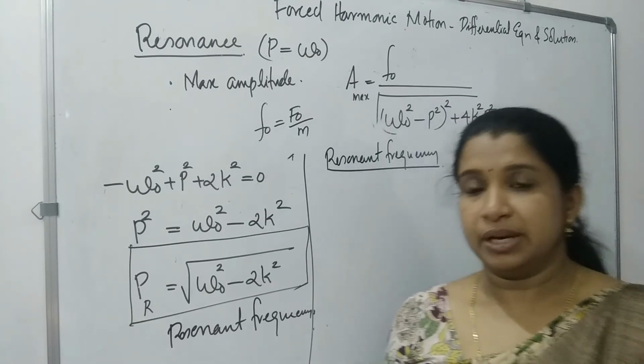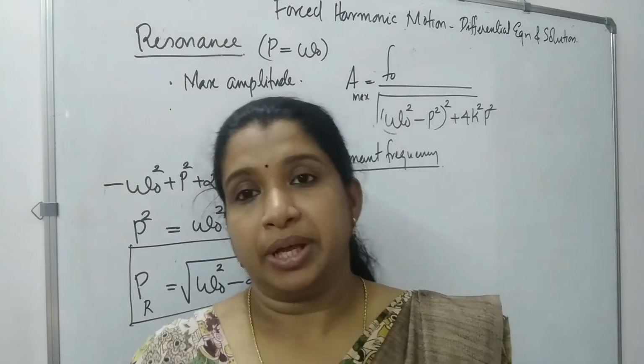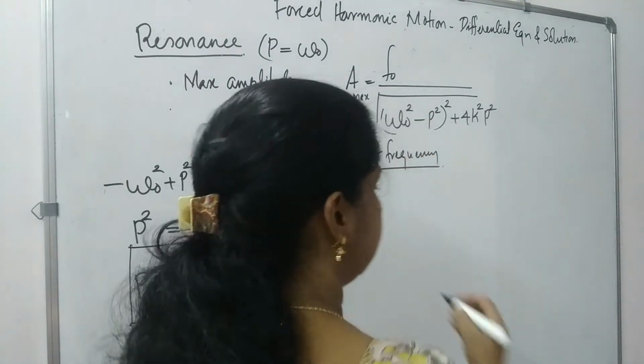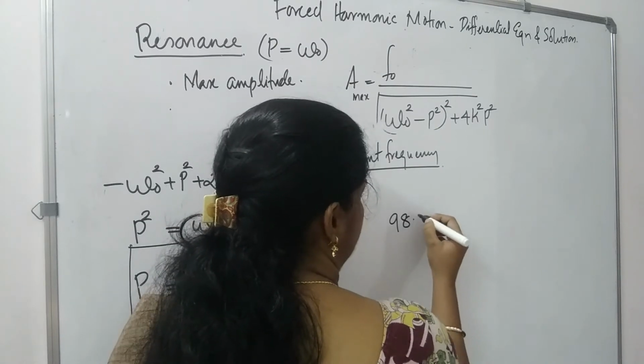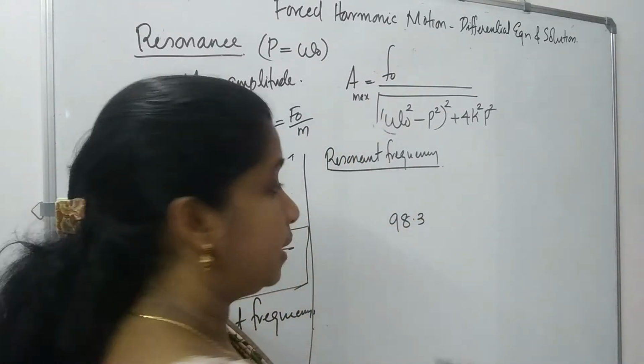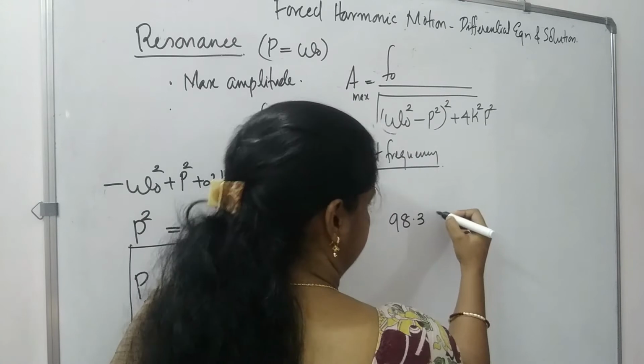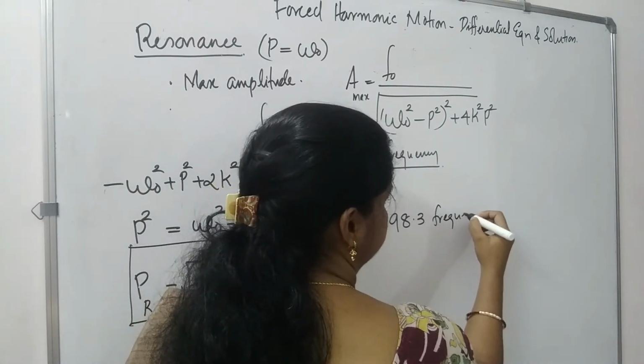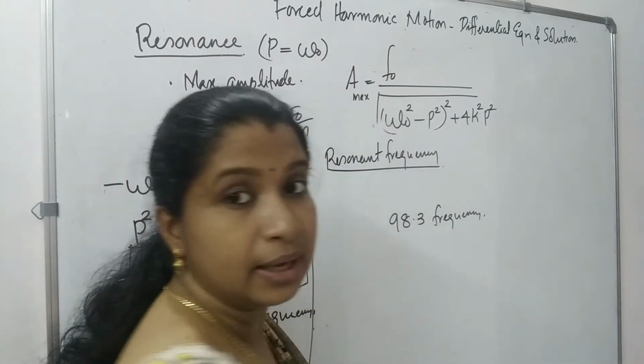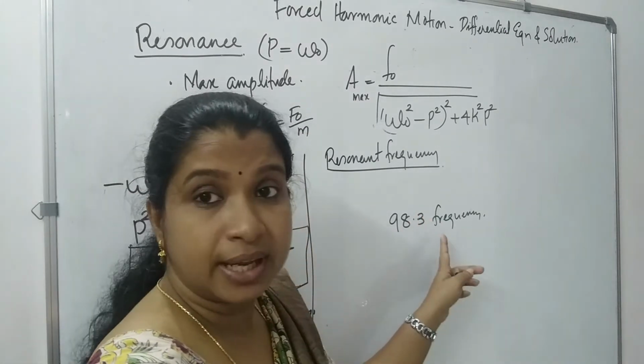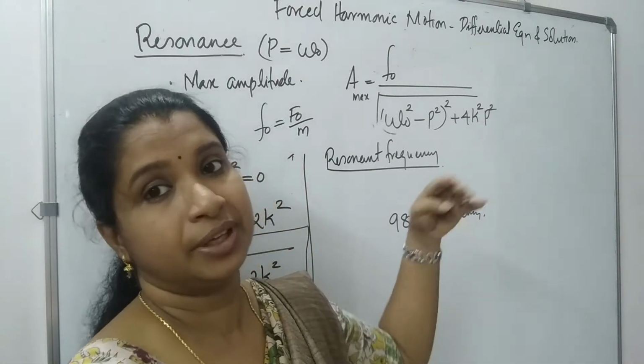For example, if we want to tune a radio station with frequency 98.3, an FM station, 98.3 is the natural frequency of that radio station.